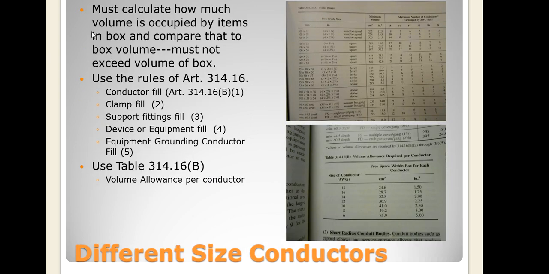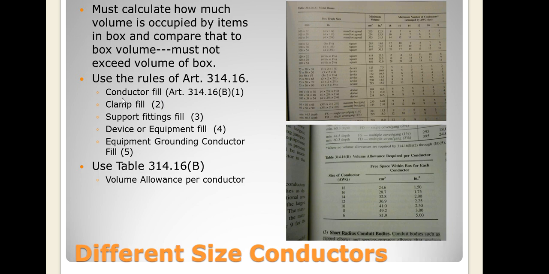Okay, so basically what you're determining is how much space is being occupied by conductors and devices in the box, and you're comparing that to how much space is available. If the items in the box exceed the space available, you are outside of code and you must choose a larger box.